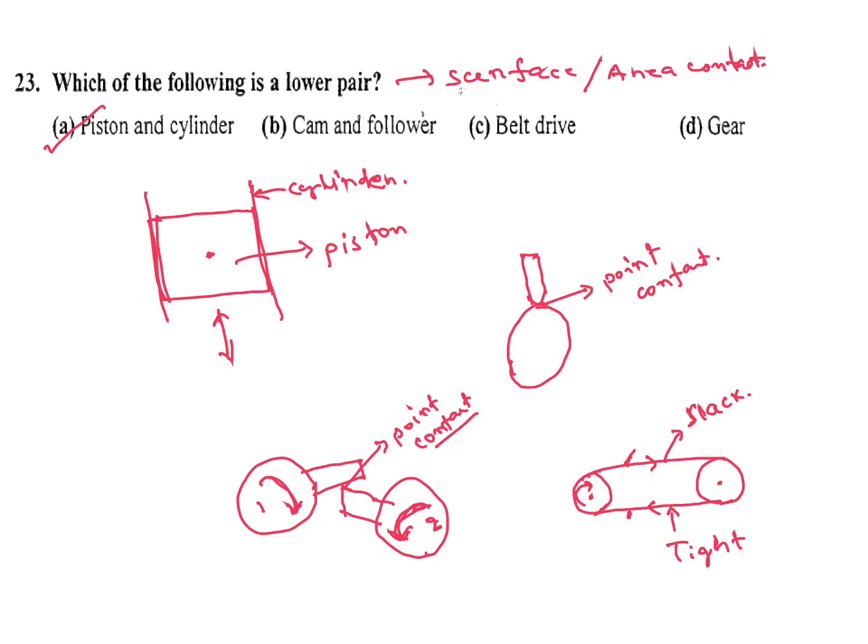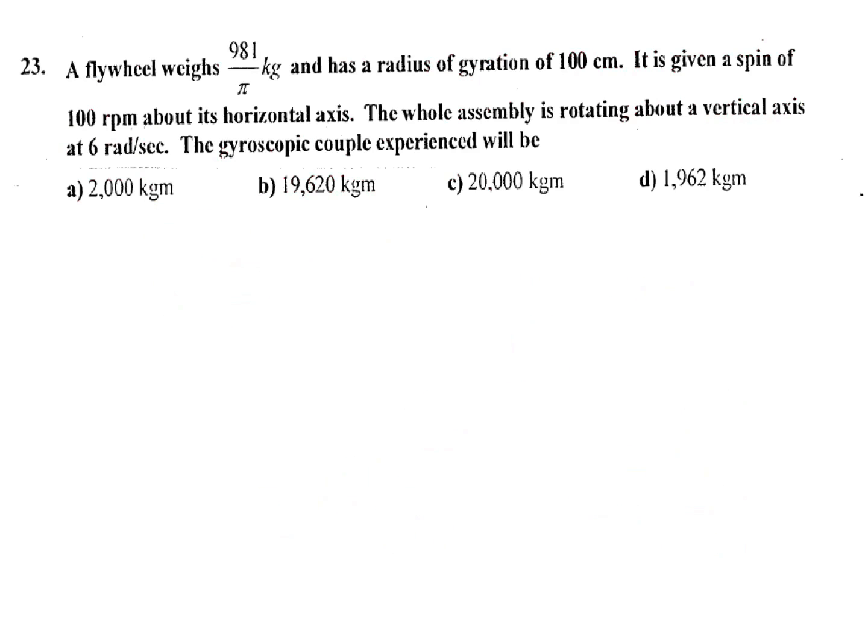A flywheel weighs 981 by pi kg and has a radius of gyration of 100 cm. It is given a spin of 100 rpm about its horizontal axis. The whole assembly is rotating about a vertical axis at 6 radian per second. The gyroscopic couple experienced will be how much?